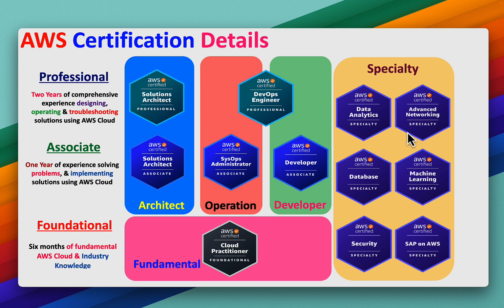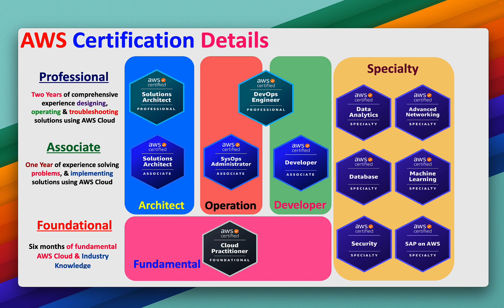So if you are coming from data analytics, then you can look out for the Data Analytics Specialty certificate on AWS, and if you are from ML, then you can look out for the AWS Certified Machine Learning Specialty. Now what exactly happens with SAP on AWS is that we are shifting SAP to AWS. Many organizations have started to migrate their SAP environments to AWS.